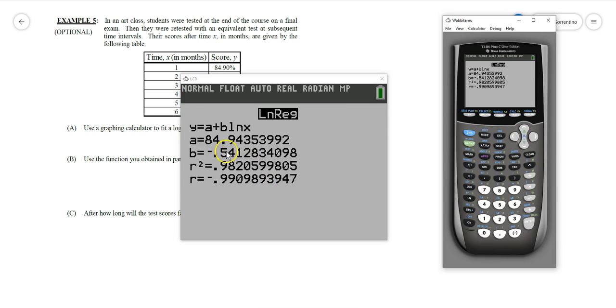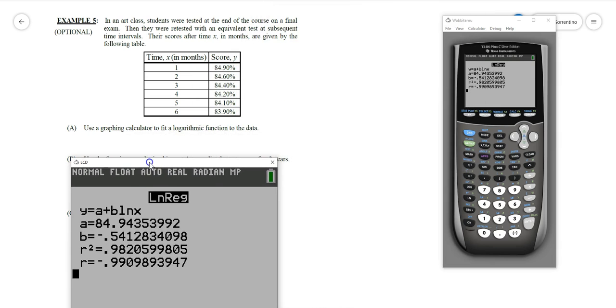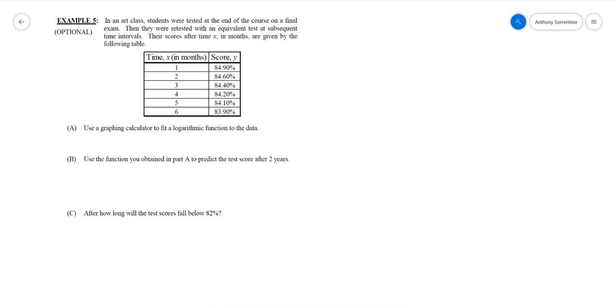It's giving me the information. I could write the equation at this point based off of this. The calculator has all this saved, but if I wanted to write this, I would have basically my score, which I'm going to call S of x, which equals my y's.